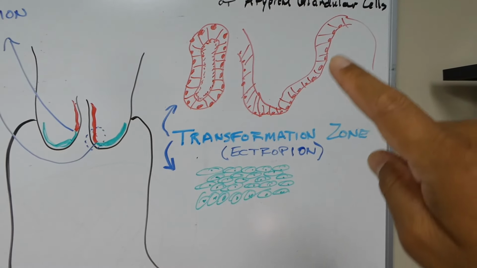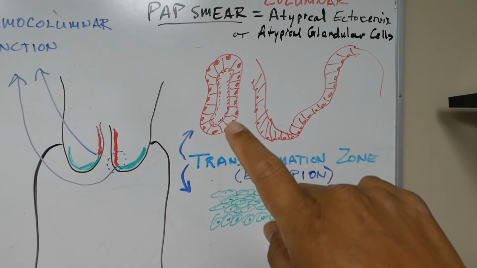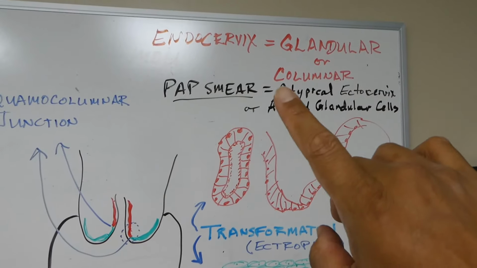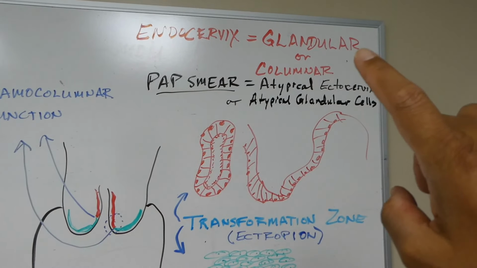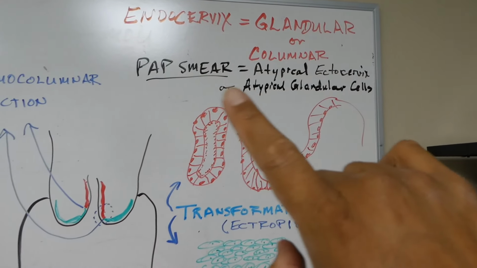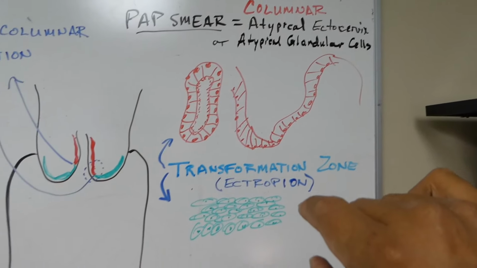Either way, they're columnar cells or glandular cells that secrete mucus. And that's where the term endocervix is also similar to glandular or columnar cells. And so on the pap smear, an atypical ectocervix is the same as the atypical glandular cells.